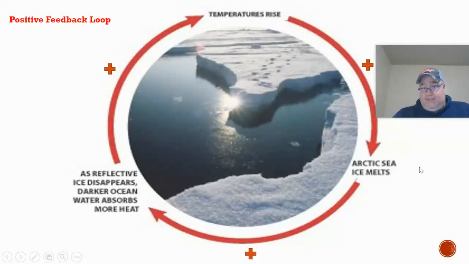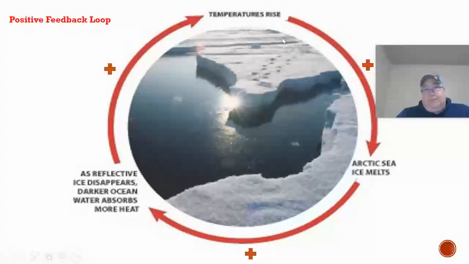Now, all three of these factors, temperature rising, ice melting, and what happens when all that ice melts, as far as habitat goes. This is kind of a positive loop. Let's think about this. We've talked about negative loops, right? How they go up and down, up and down.